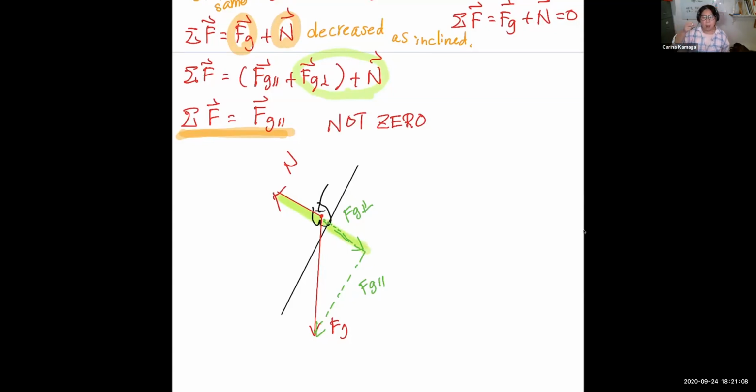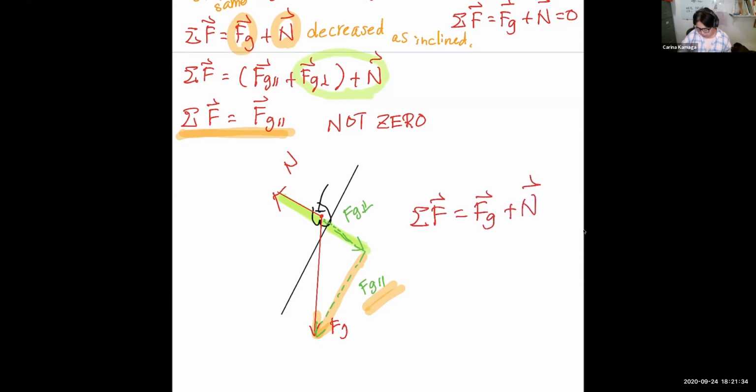You can see the apple won't jump out from the plane or break the plane. So there's no motion perpendicular to the plane. The only motion that's left over is this part. Again, the net force in this case is still only the gravitational force and the normal force.